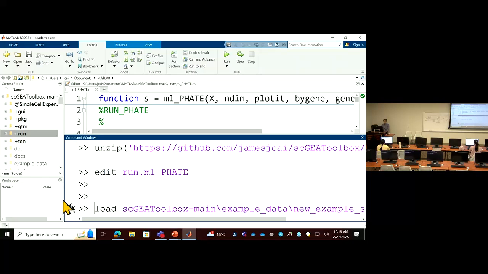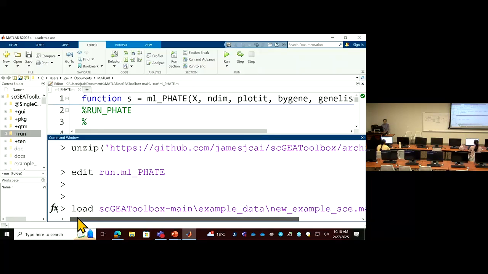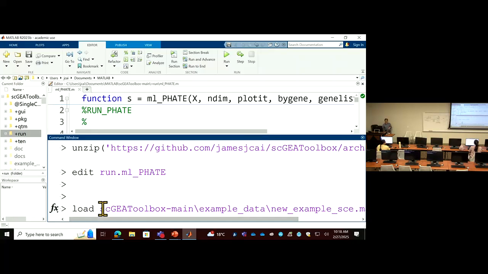You don't have to type. You just put a few characters, then you put a tab, and it should be able to find this.